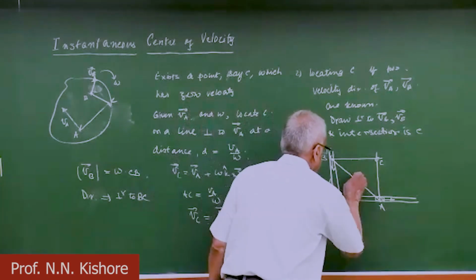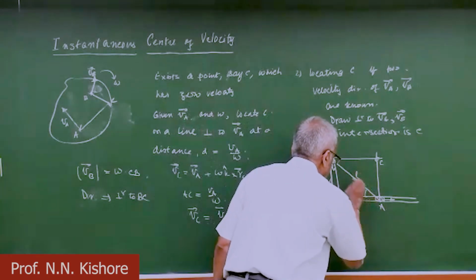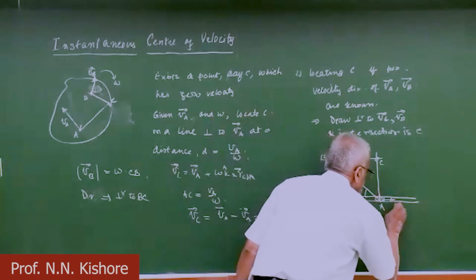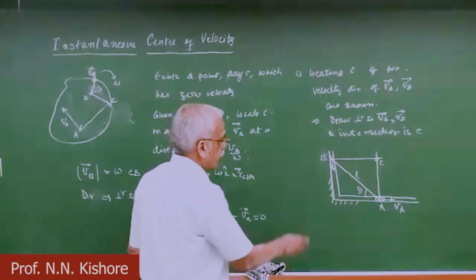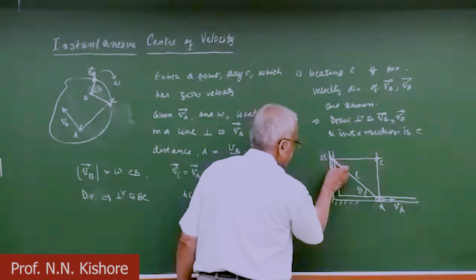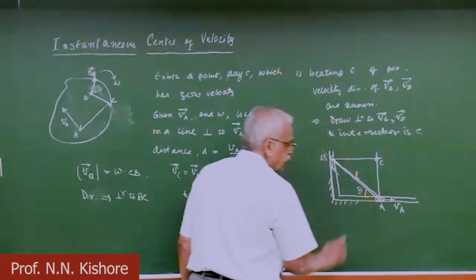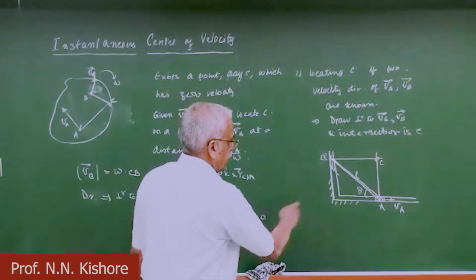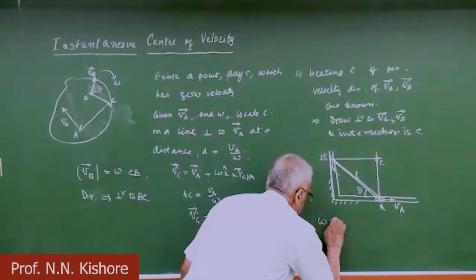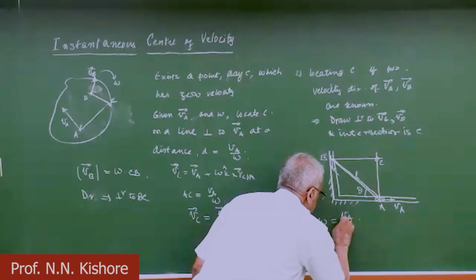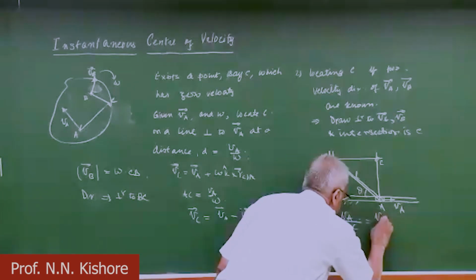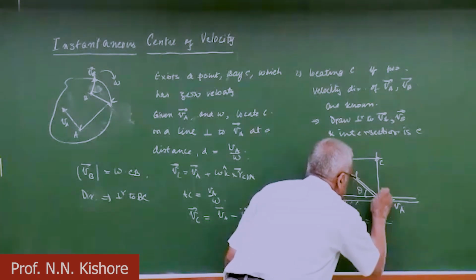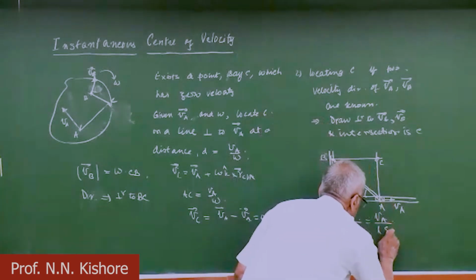So for example, if this is L and this is theta, and VA is given to you, then the omega of the rod is nothing but VA by AC, and this is nothing but VA by L sine theta.